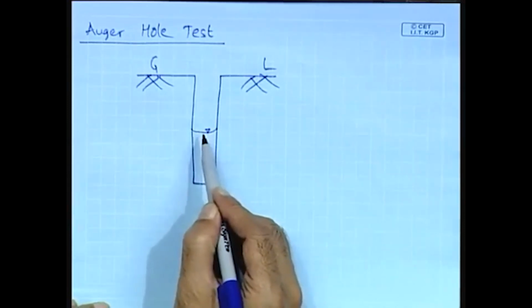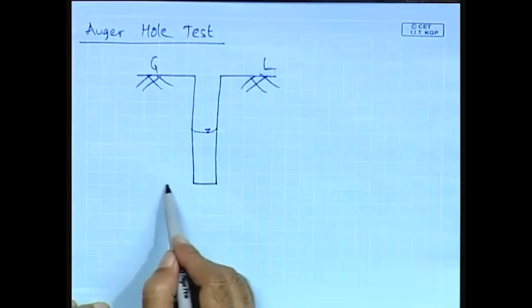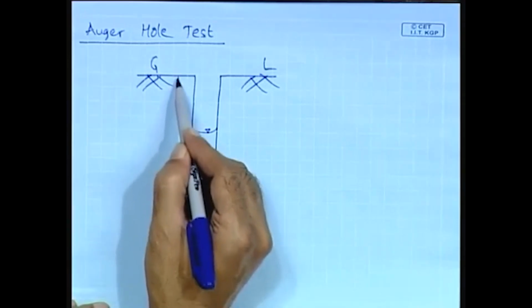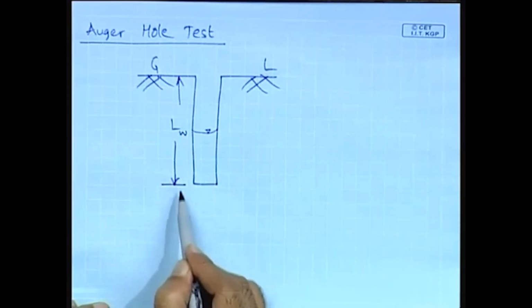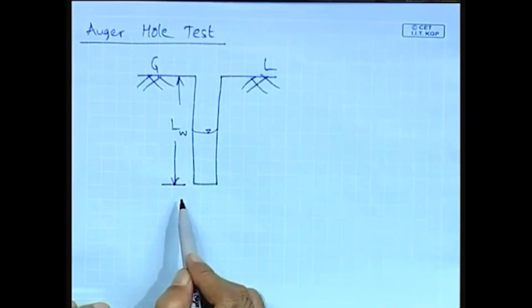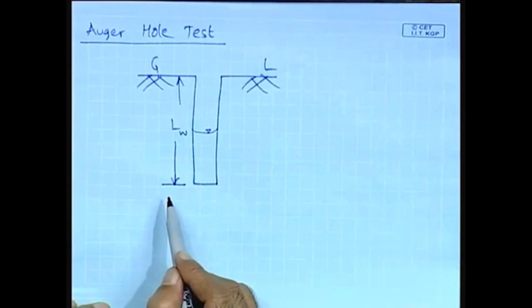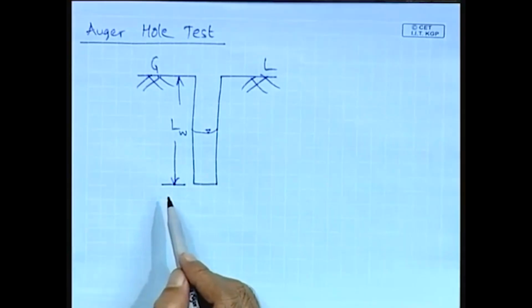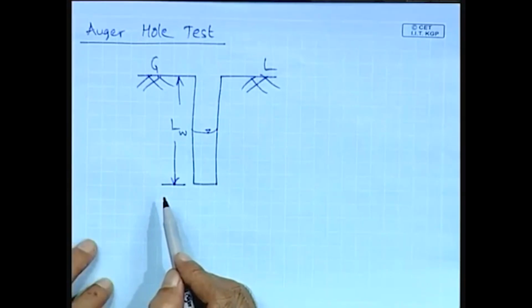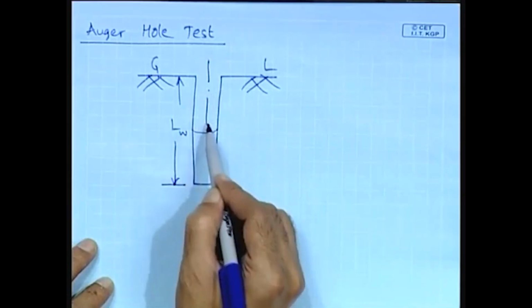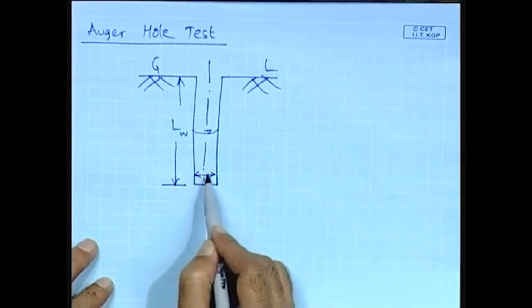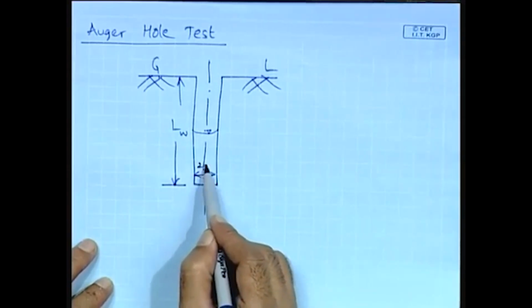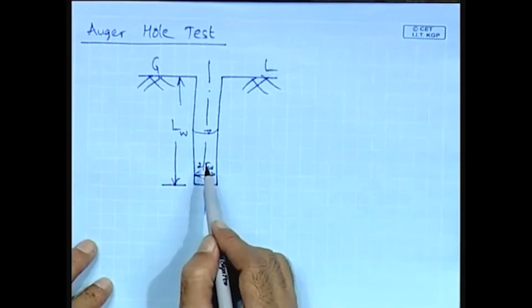So this is LW, which is the length of the well or the auger hole, and this auger hole or well has a diameter of 2 into RW.